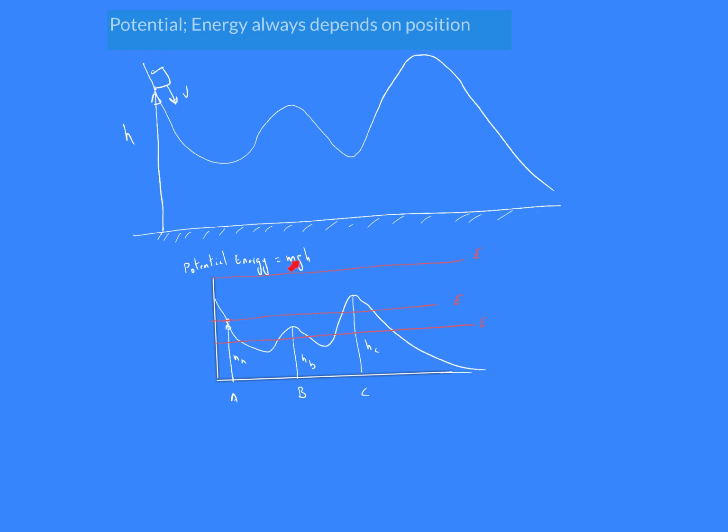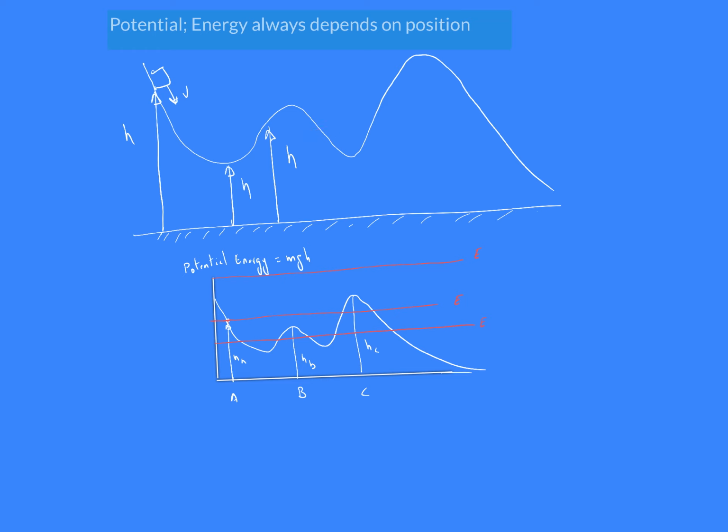So mgh means that the shape of this roller coaster will be the same shape as the potential energy, because the potential energy is mgh. At this point, this is the h. At this point, this is the h. So the potential energy is mgh, so it will have the same shape as the one that is here.